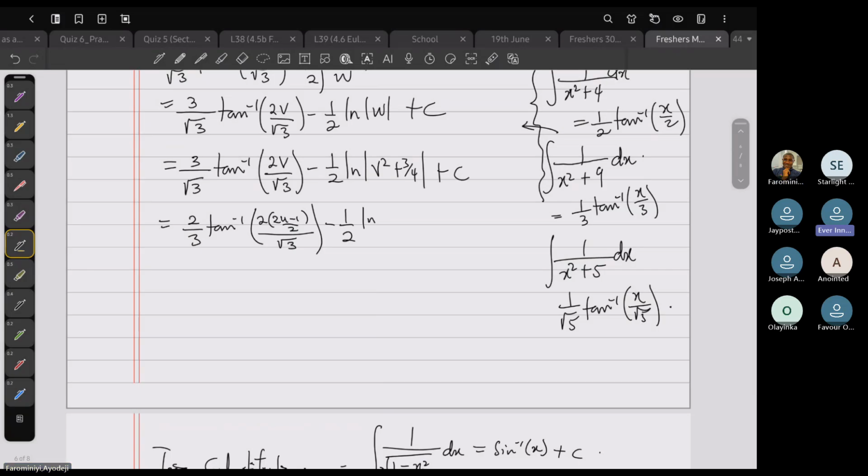How did you get 2 over 3 tan inverse of this particular line you're doing? Oh, it should be 3 over root 3. Thank you.